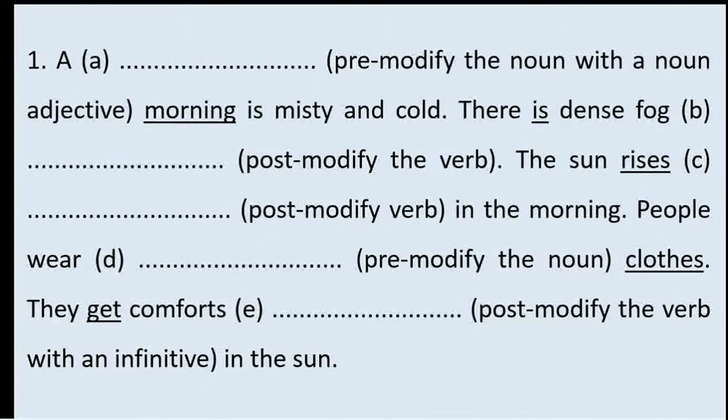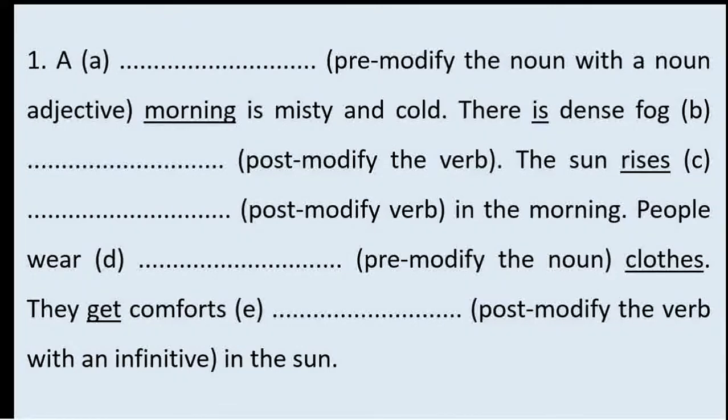There is dense fog. Here post modify the verb. This is the instruction, and a verb can be post modified using an adverb. We can write here everywhere, nowhere, here. But what is the correct answer?